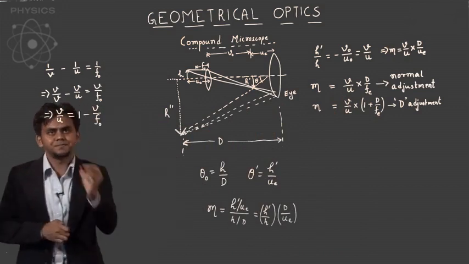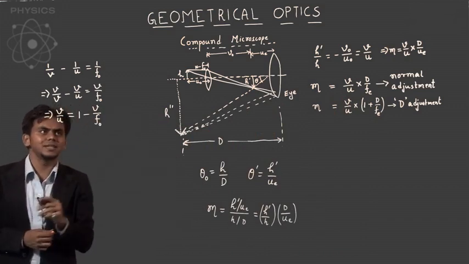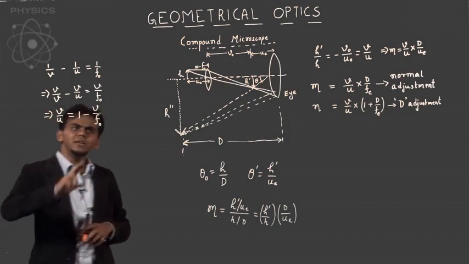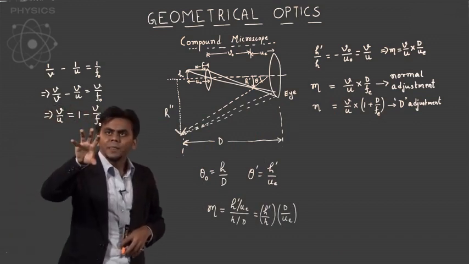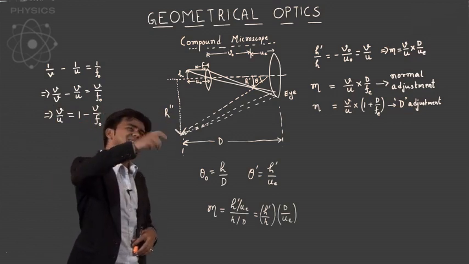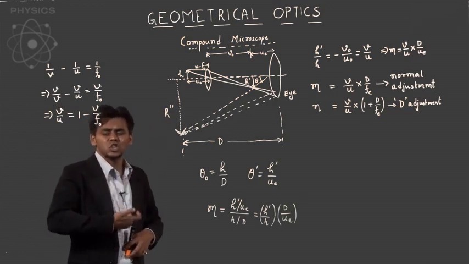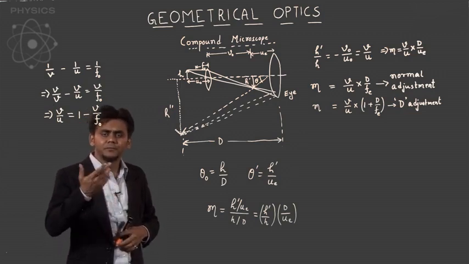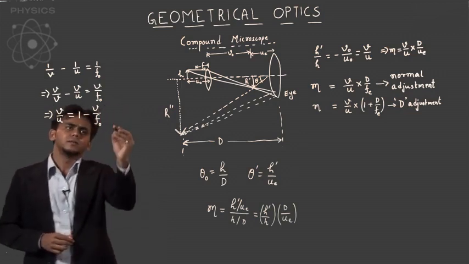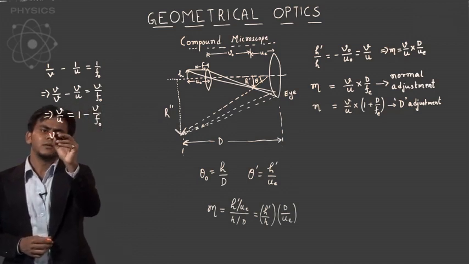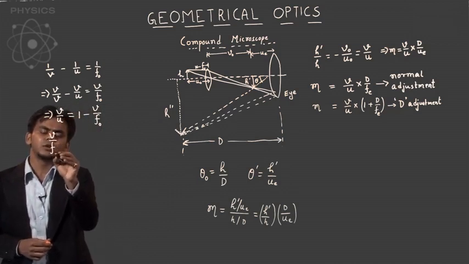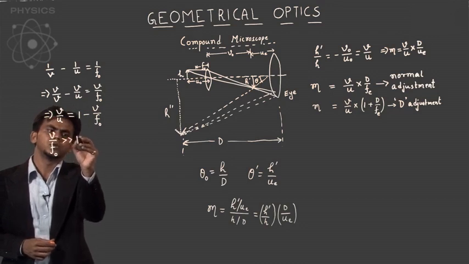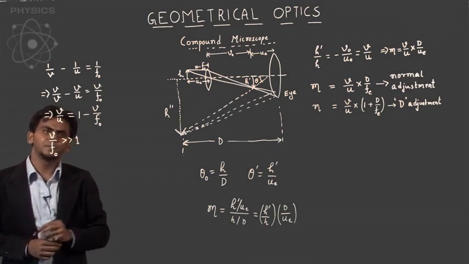Now, what you need to understand is, in this formula, V by F naught, as F naught is much smaller than my V, I can say V by F naught over here is much greater than 1.